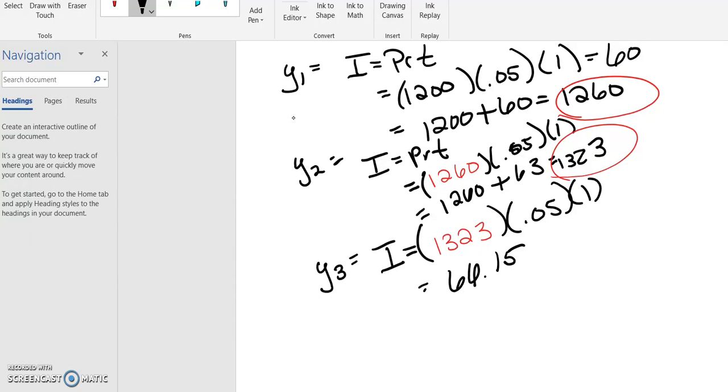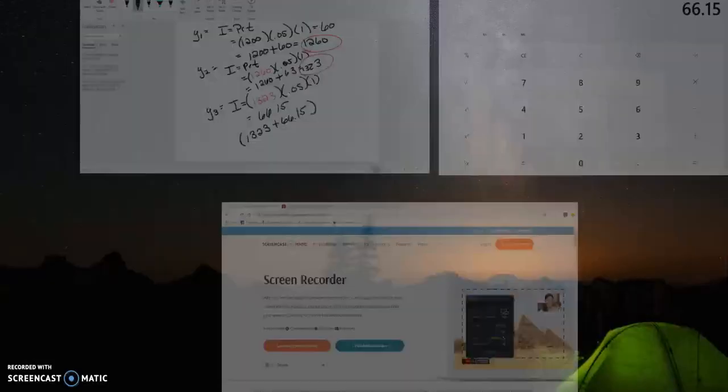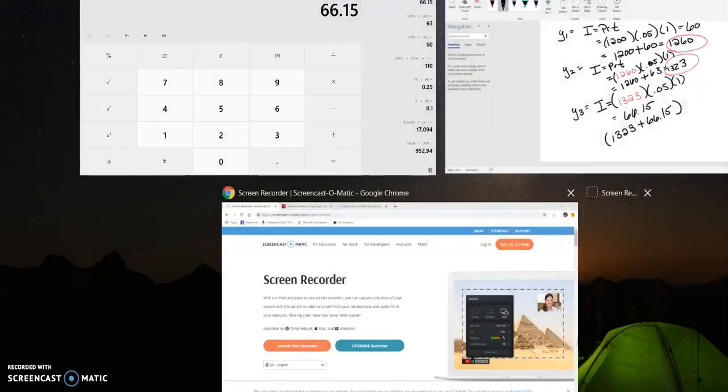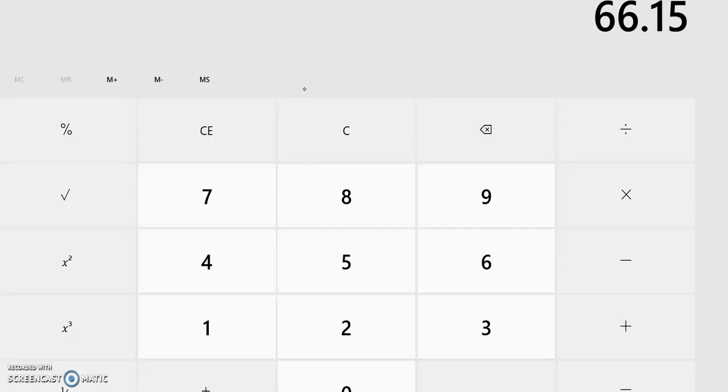So now we're going to look at 66.15 plus the 1,323. That gives me my new value in total of 1,389.15.